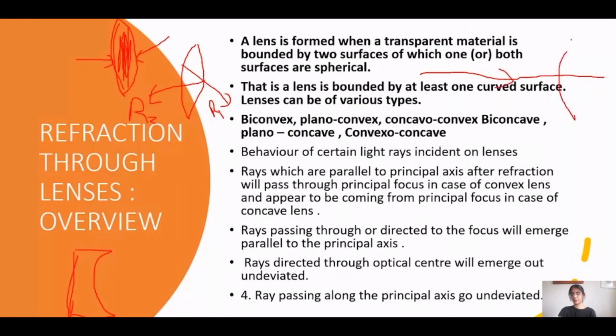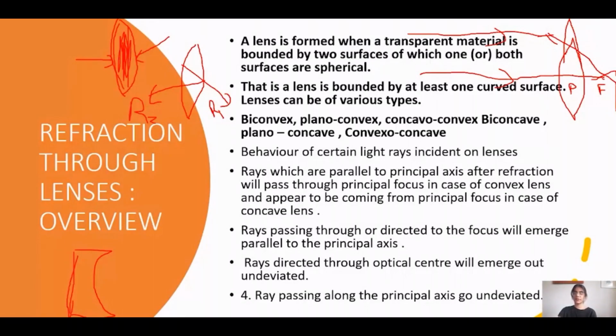Here is your principal focus, principal axis. So here is one ray of light. Let's say it's parallel to your principal axis. Let's say the lens is this big. After refraction, let's say this point is focus. After refraction, it will pass through focus.